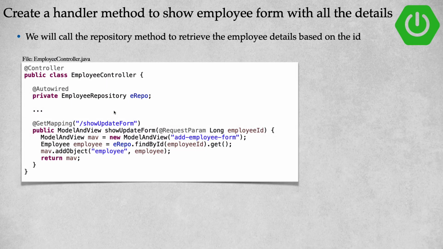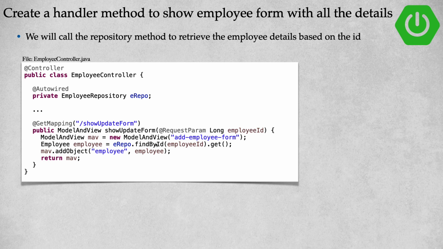The next step is to create a handler method to show the employee form with all the details. We will call the repository method findById to retrieve the employee details based on the ID. We will create a handler method that is going to return ModelAndView, and we are going to receive the employee ID using the @RequestParam annotation. We will bind the employee ID to the variable employeeId, and inside this we are going to create the ModelAndView object.